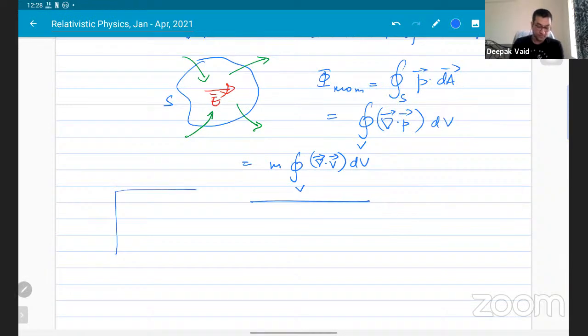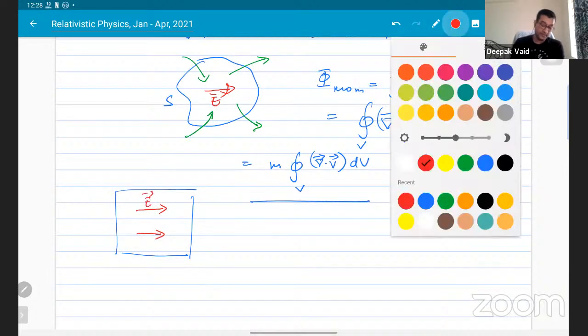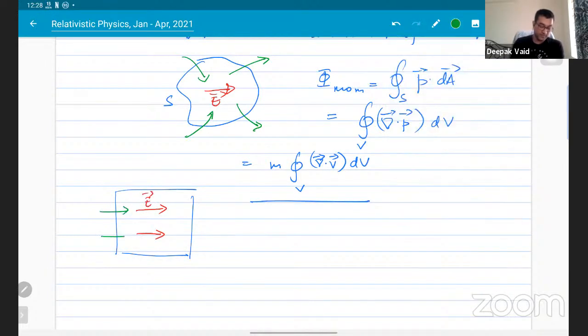So if you consider this is your surface, and you have an electric field over here, right? And you consider some particles with momentum coming in, then they can either be accelerated or they can be slowed down depending on the direction, the sign of the charges.